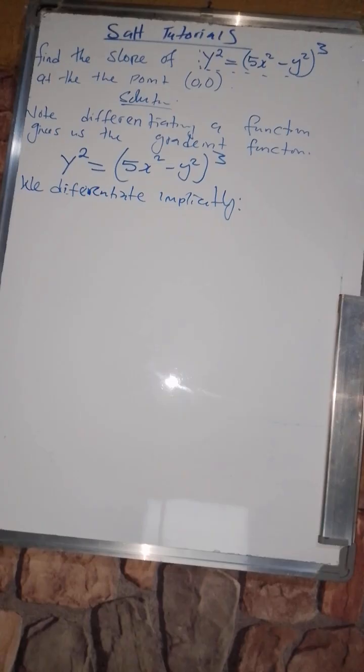We'll differentiate both the variable y and x, but every time we are differentiating y, we are going to add dy/dx to the answer. But if we differentiate x, we will leave the outcome the way it is. So more respect is given to x. That's what it means.